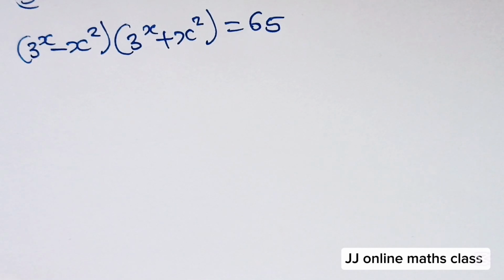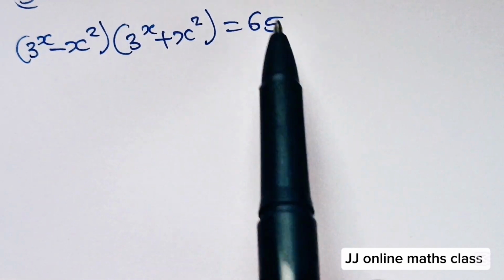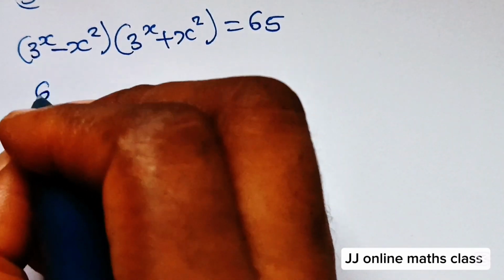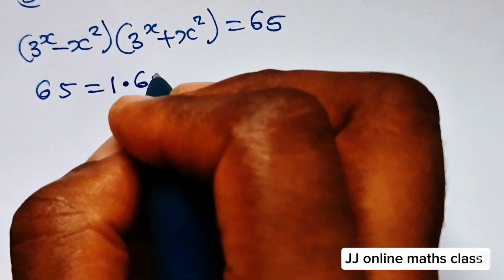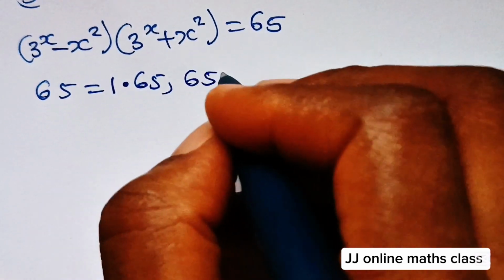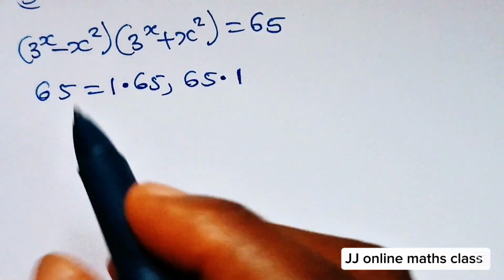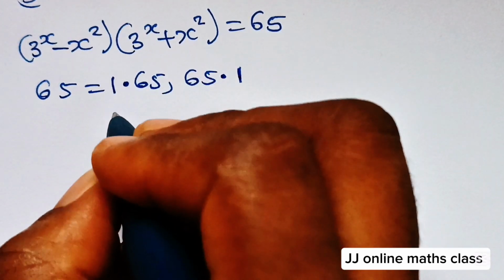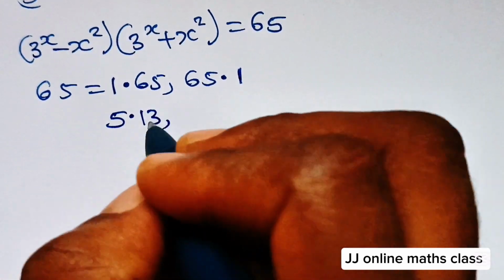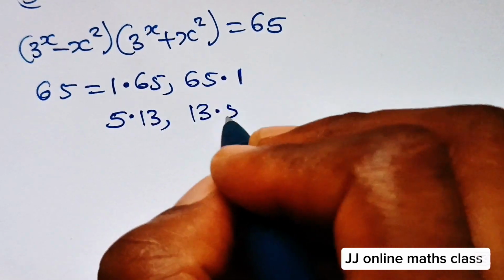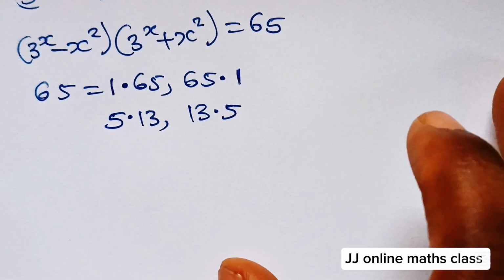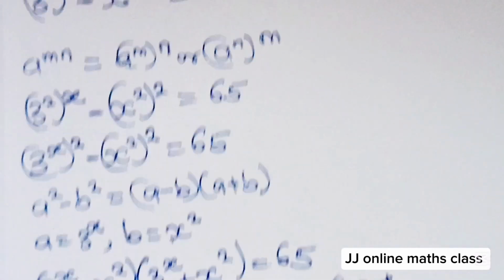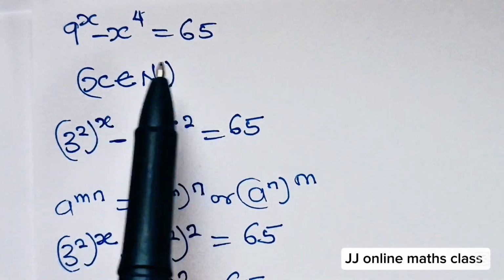Now, 65 can be expressed in so many ways. We can write 65 as 1 multiplied by 65, or 65 multiplied by 1. We can also write 65 as 5 multiplied by 13 and 13 multiplied by 5. Now recall that we are told that x is an integer.